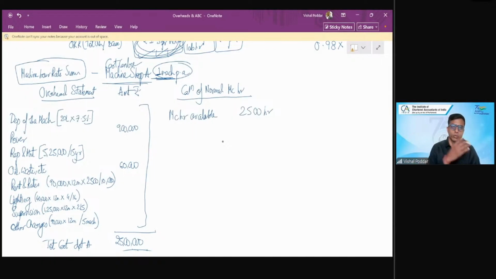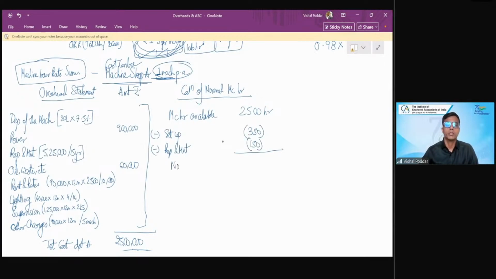What is available? For the total period the factory is working, how many machine hours you are expected to work. But you have to always remember, just like labor requires some break, machines will require some break, one for setup, one for repairs and maintenance. So this has to be reduced.